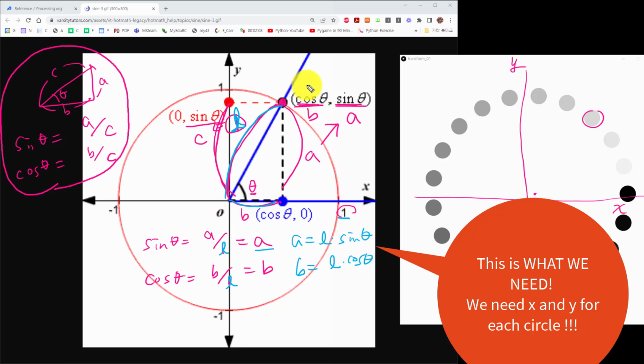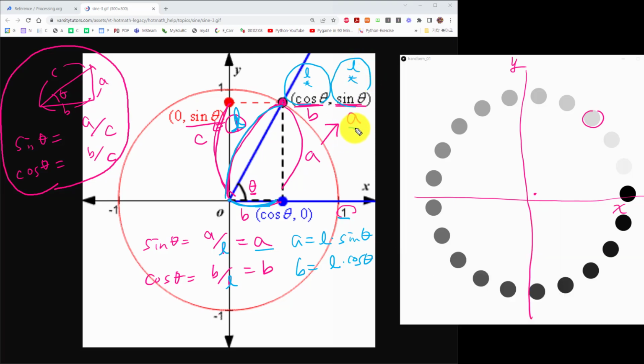So you multiply by the distance from the center of the coordinate to the center of the circle. L times cosine theta will be the B coordinate, and L times sine theta will be A.